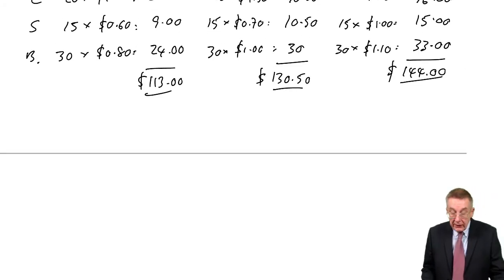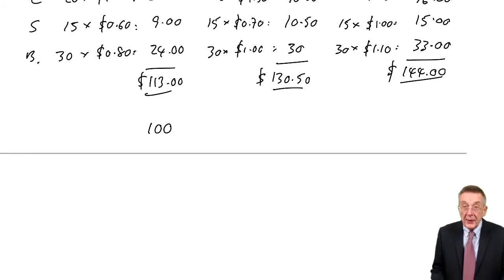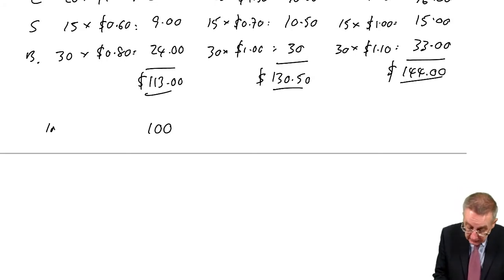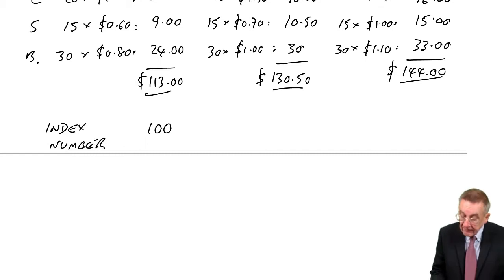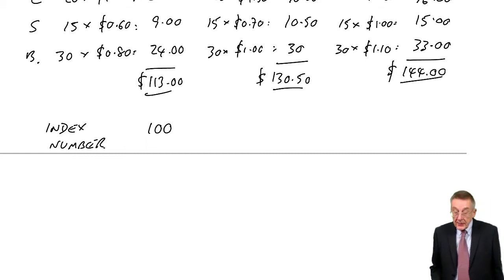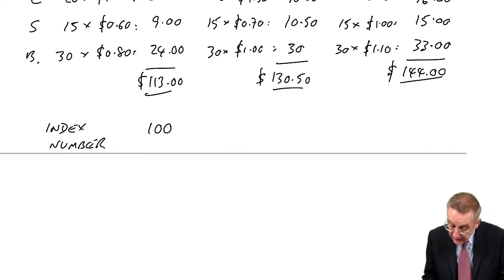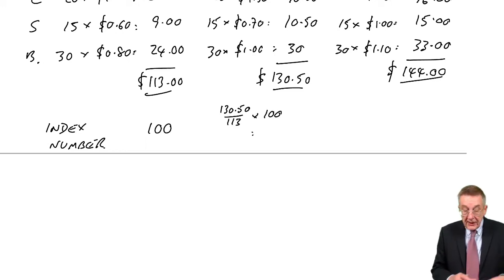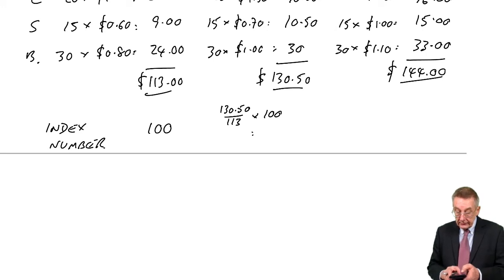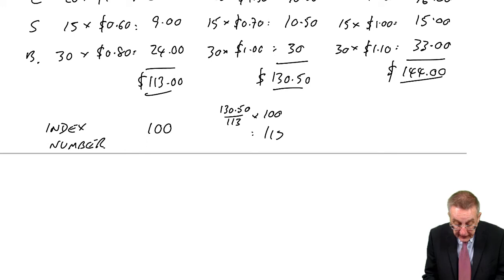It says base year is 2008, so the index number is 100. What would it have been in 2009? Well, in exactly the same way as we did in example 1, 100, it's gone to 130.50 from 113, which gives an index number of 115.5.